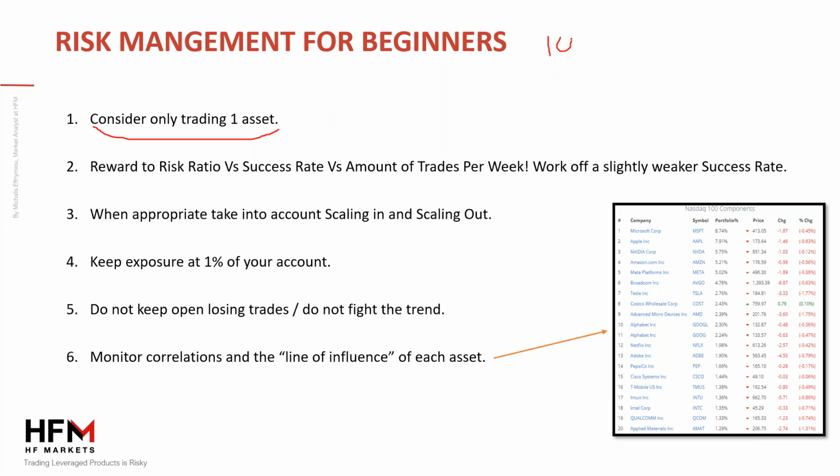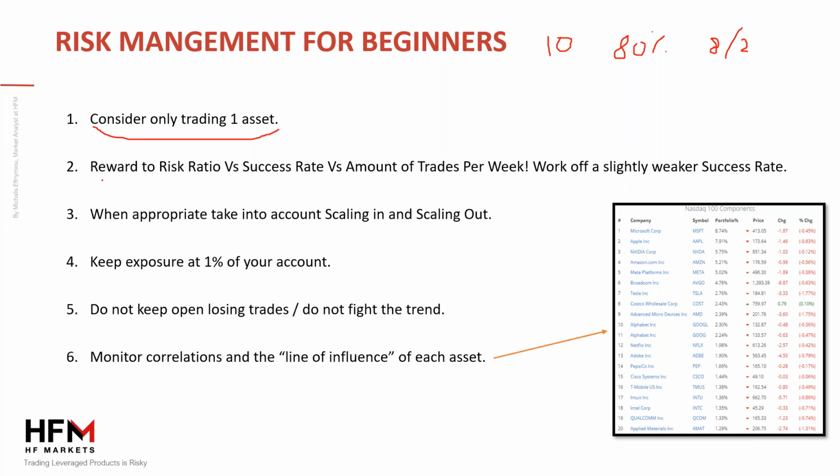For example, if I open 10 trades per week, look at how much I'm risking. And you also know your success rate. Unless you've never traded before, you should know your success rate. Normally, on average, my success rate is 80%. Okay, so I know that 8 trades I'm in a profit, 2 trades I close in a loss.